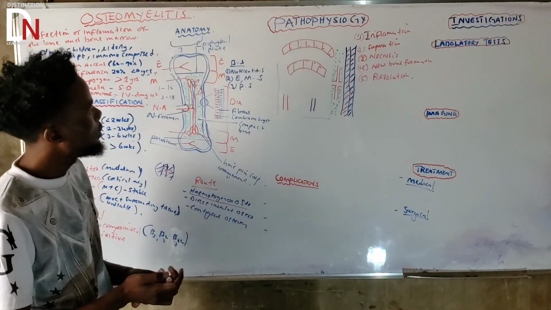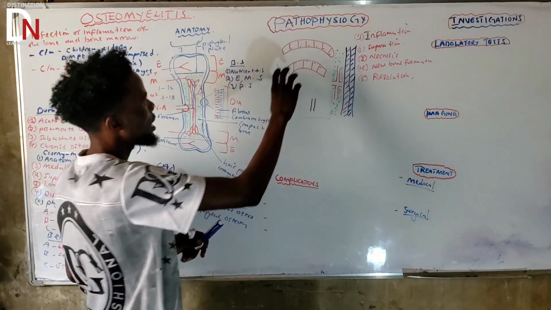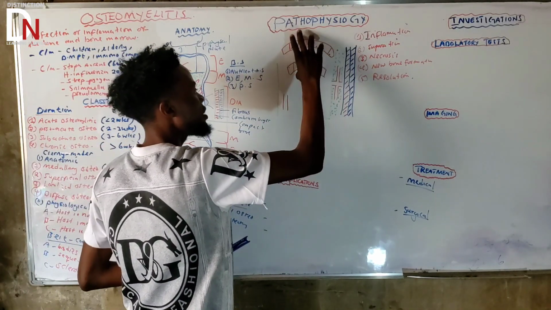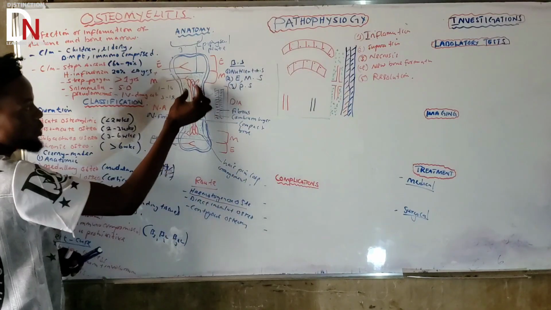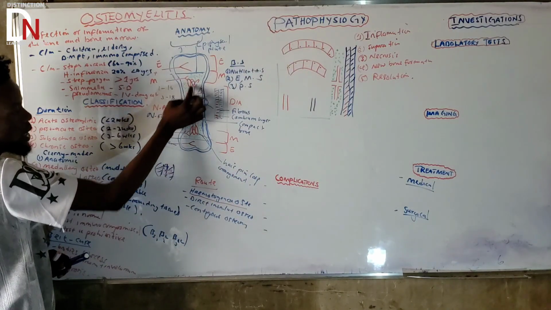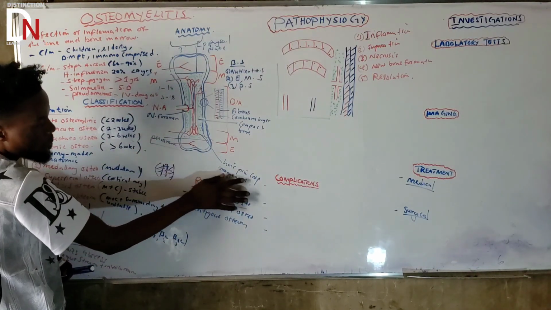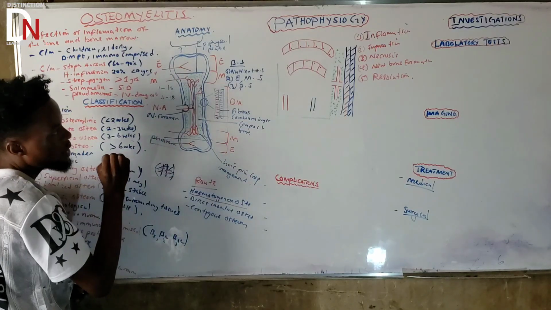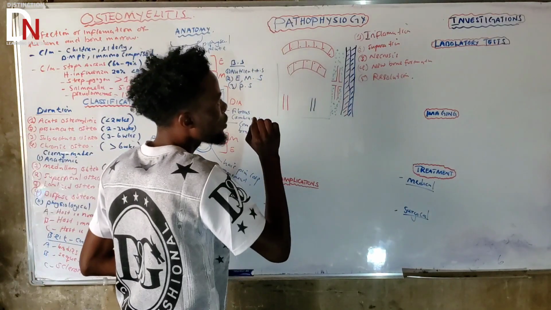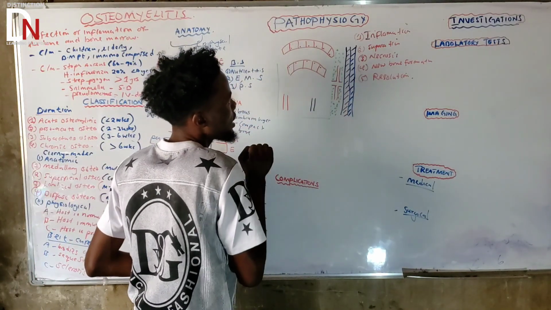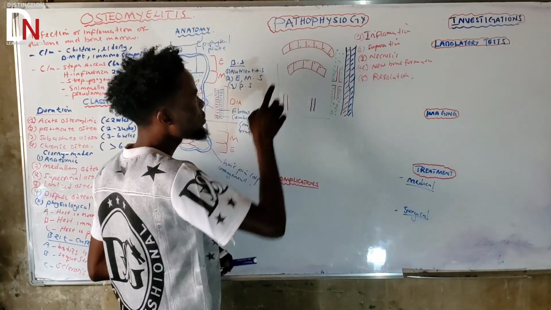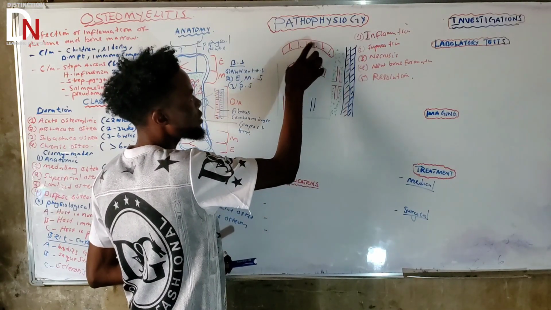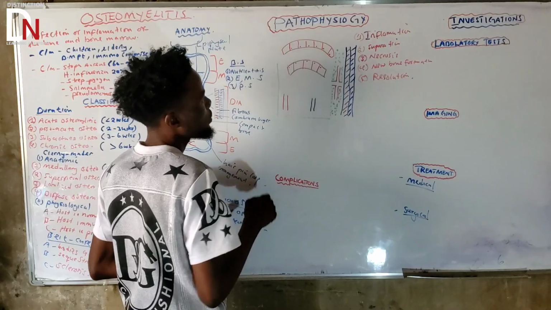Remember that this is the blood vessel, and I've taken it from the metaphyseal region, where there is the hairpin loop. I've just magnified it and taken just one blood vessel, and as you can see, we're able to see the endothelial lining.